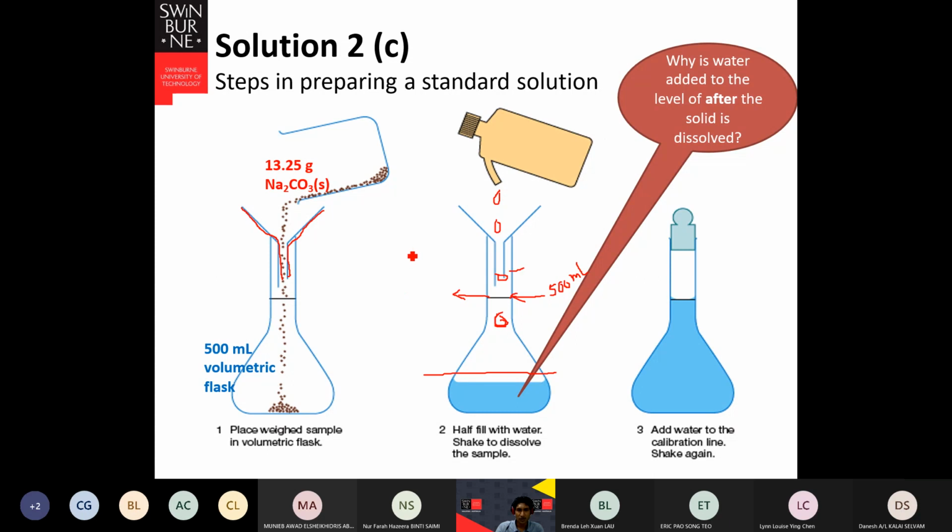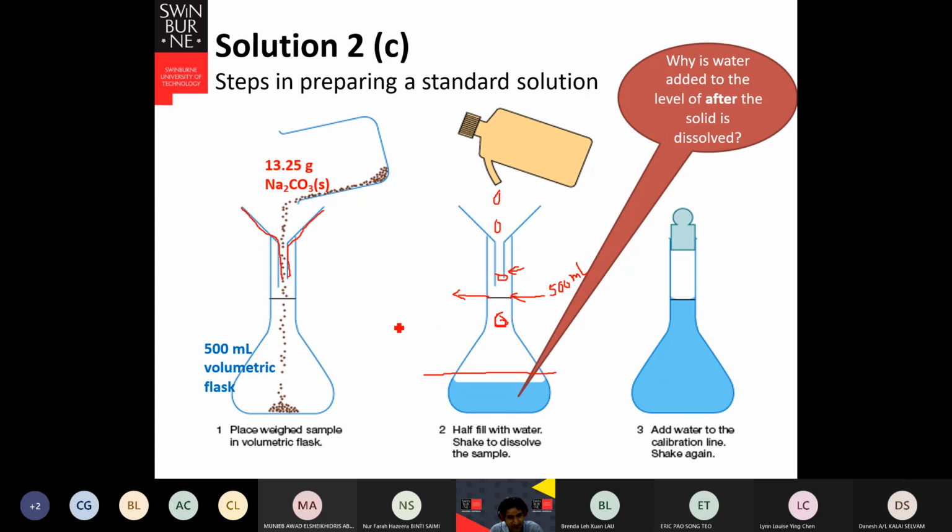Not here. If it goes beyond that line, above this line, we do not know how much, so it will be considered wrong. It's already a mistake. So I will add half of the water, and then shake it nicely to dissolve all the sodium carbonate.